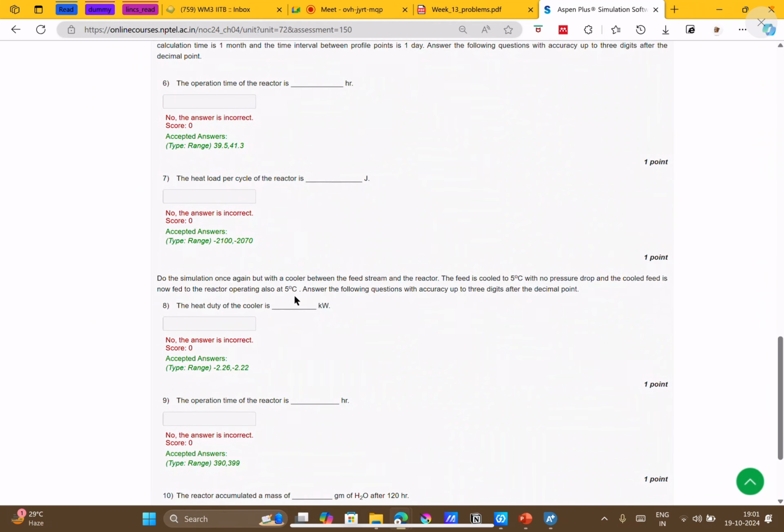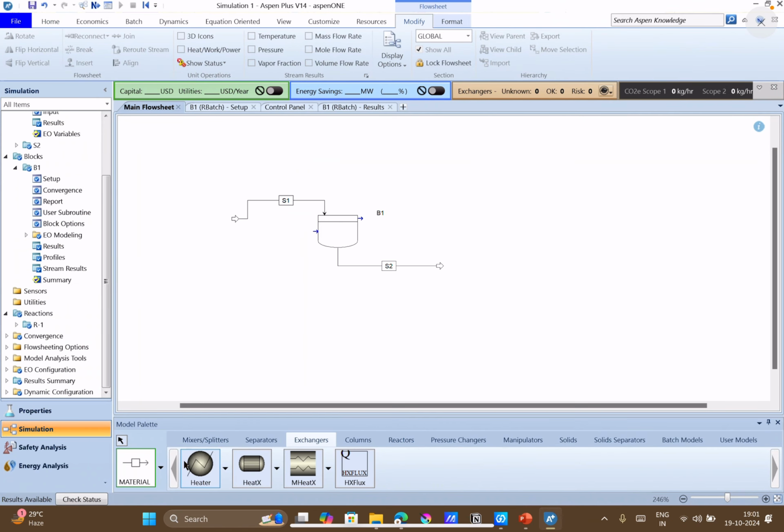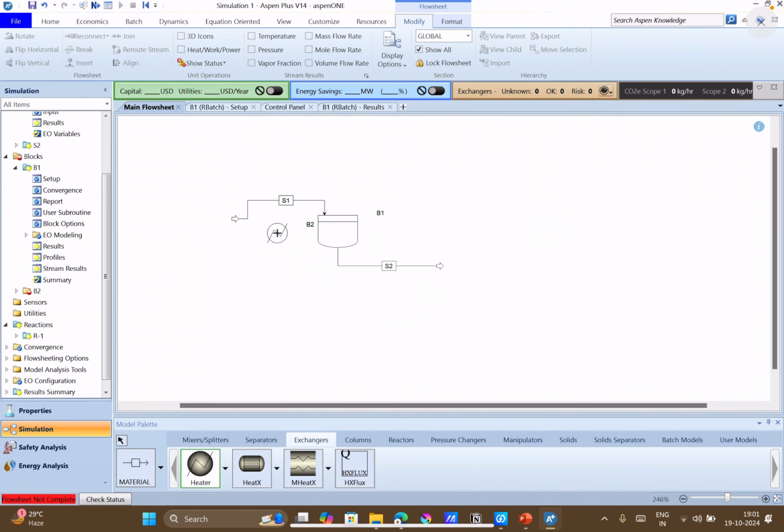Then next it has been asked to use a cooler in between the feed, where the cooler cools down the feed to 5 degrees centigrade with no pressure drop, and then the reactor is also operating at 5 degrees centigrade. So let's change that also. Let me add one exchanger unit.